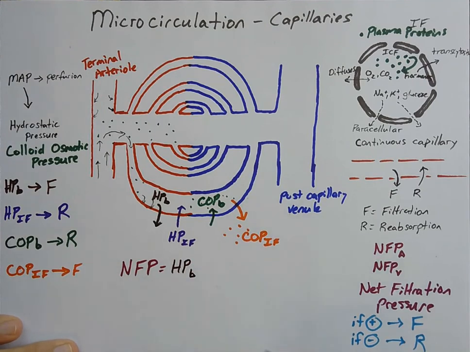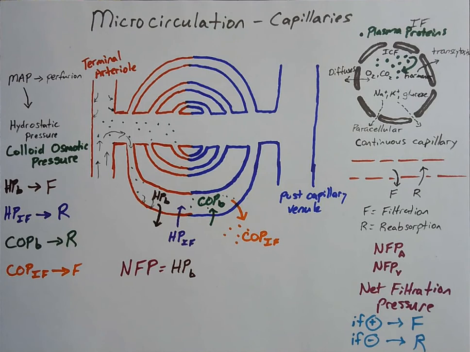And since it promotes filtration, we're not going to put a negative sign in front of it. We're going to have a positive sign, but the positive sign at the beginning of your equation, you just don't put any sign, and that tells you that's a positive value. This is the most important. This will be the highest value. It's going to be the most important thing that drives filtration.